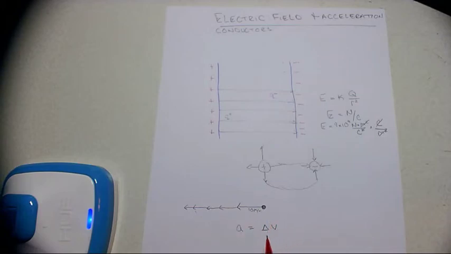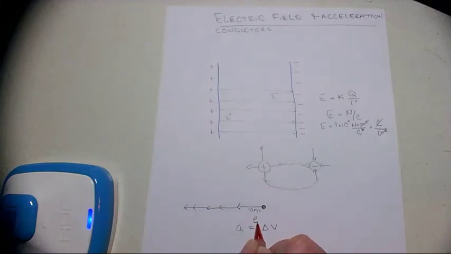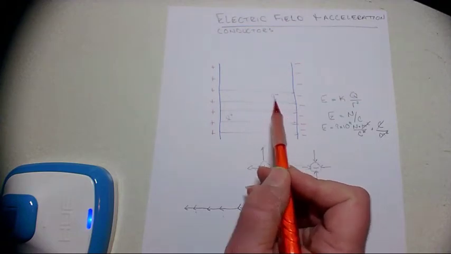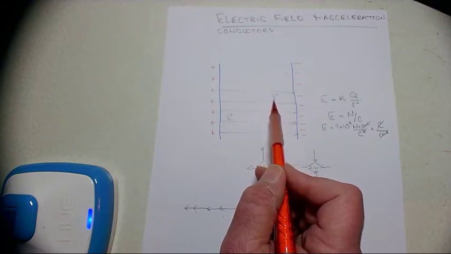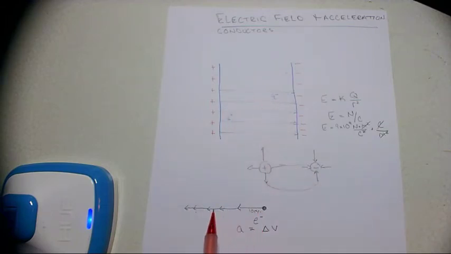So if this was an electron in this field, if I put a negative electron in this particular field and I put it here, it's going to be attracted this way, but whatever velocity it came in with, it's going to be decreasing going against the electric field. Pretty cool.